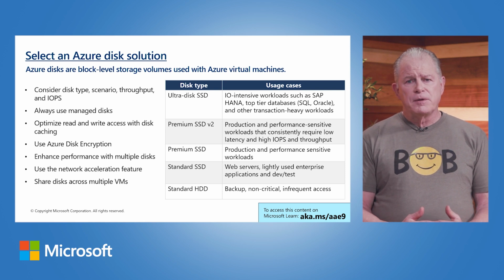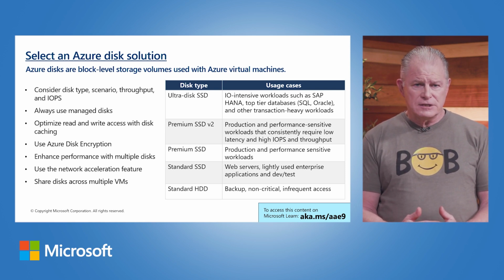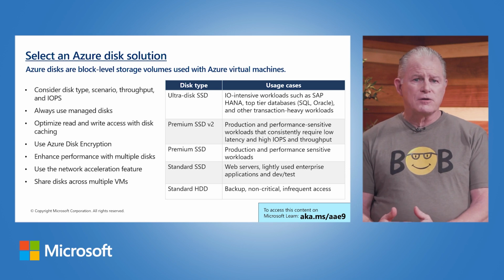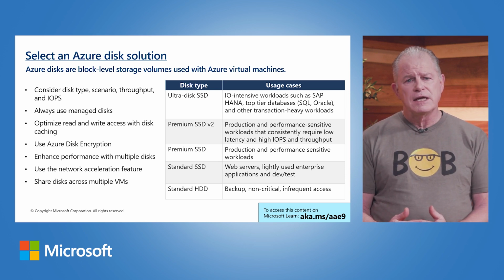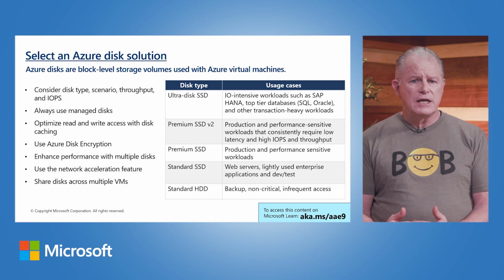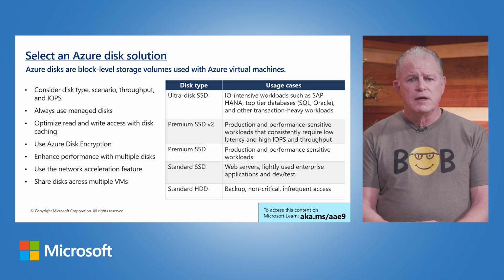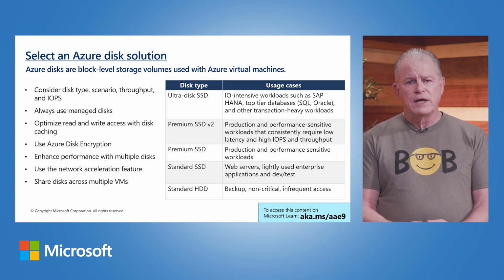You also have the capability of having managed disks, which means it's being managed by Microsoft. And these are typically mounted within virtual machines as the operating drives within the VMs. And you're going to see that down at the bottom. So shared disks across multiple VMs is one of the reasons why you might have to have these disk options.